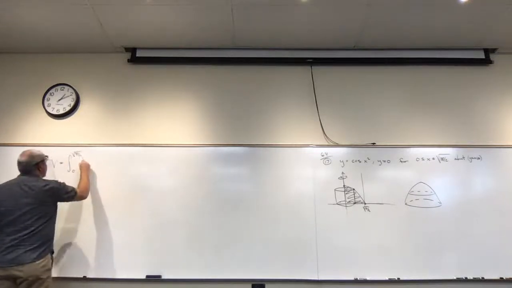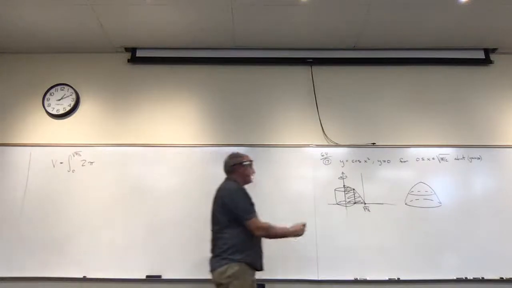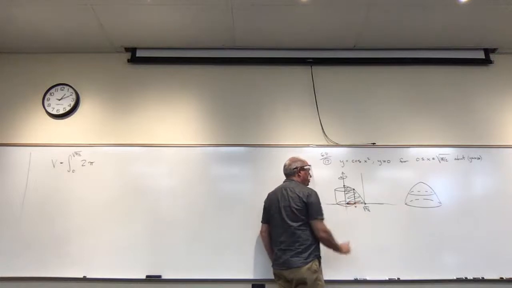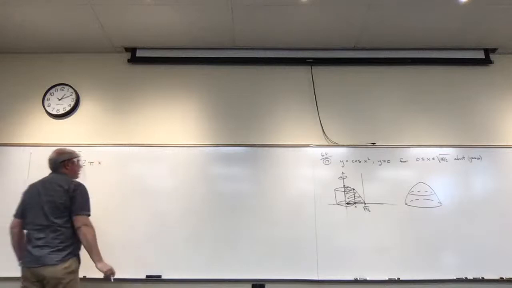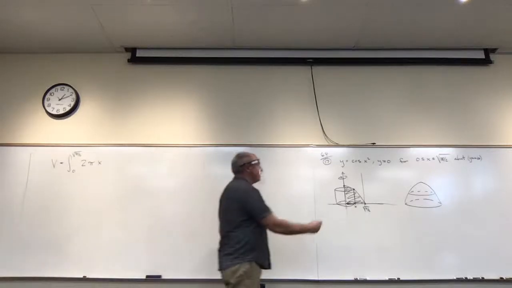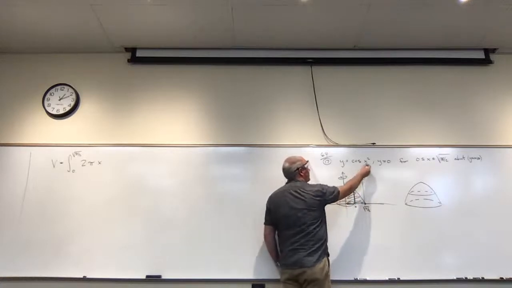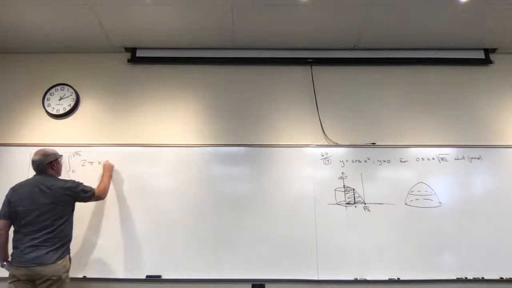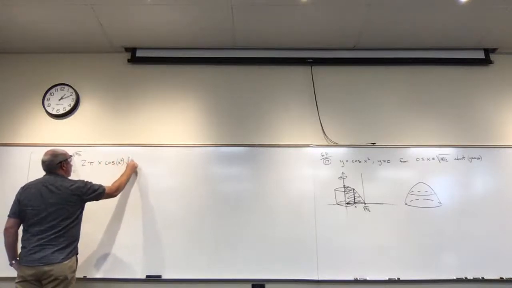So 2 pi r, in this case, if this is an x value right here, then the radius is just x. So 2 pi x, and then the height is just the function itself, and the function is cosine of x squared. So this is times cosine of x squared dx.